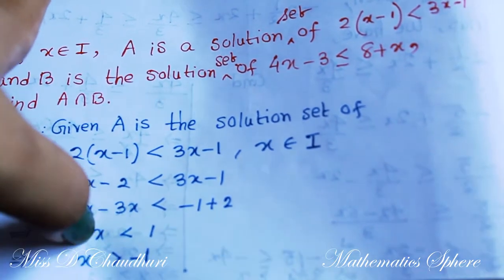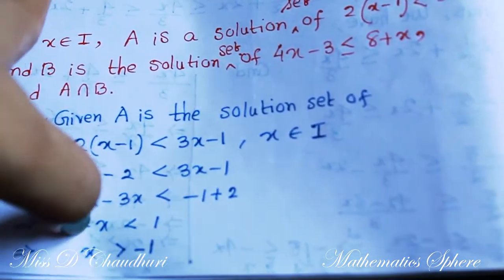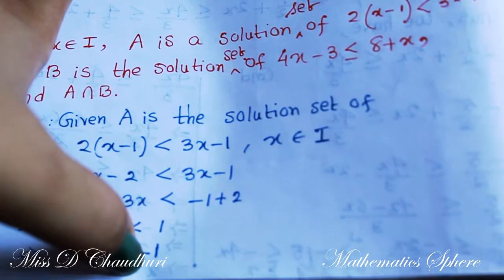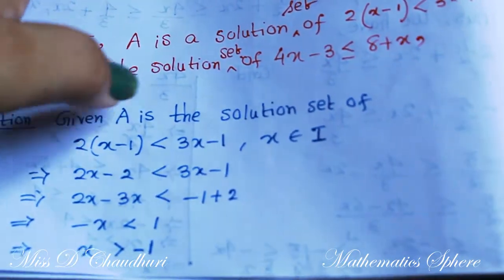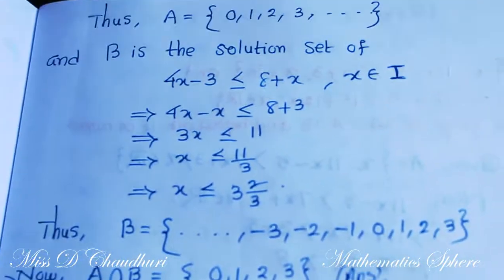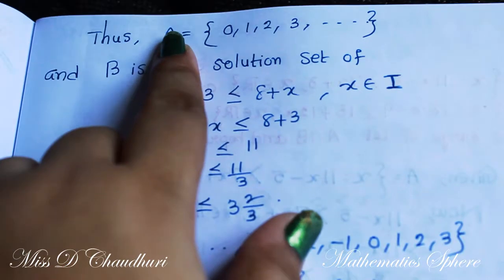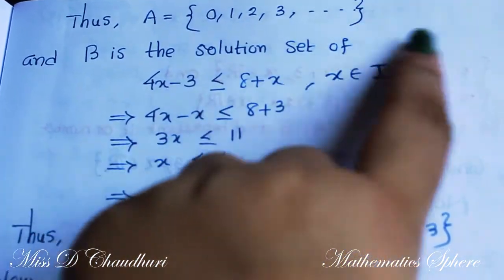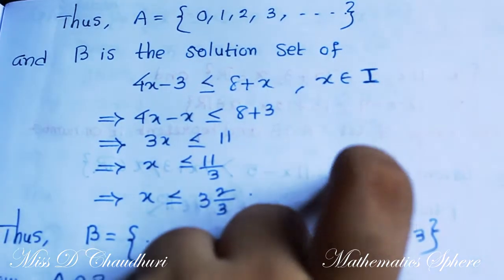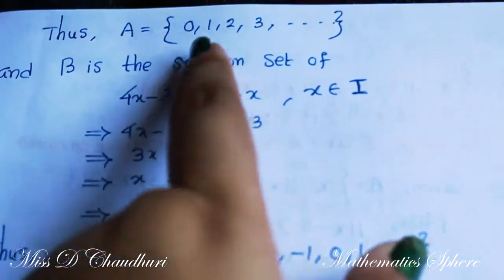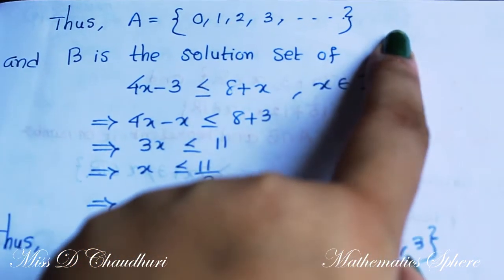So x is greater than minus 1, this is the range for the first inequality. Thus A equals 0, 1, 2, 3 and so on, because x belongs to integers, so the integers greater than minus 1 are 0, 1, 2, 3, continuing till infinity.